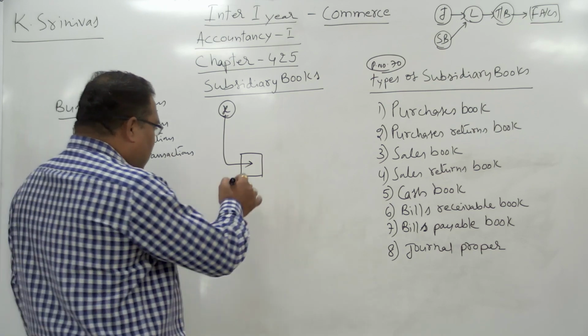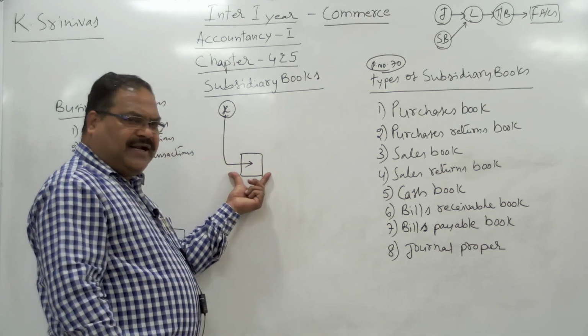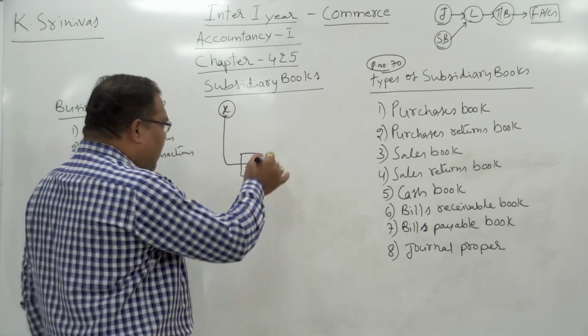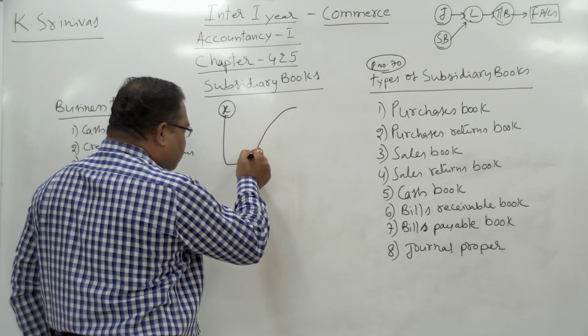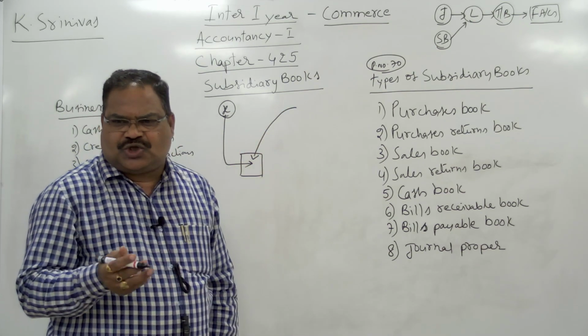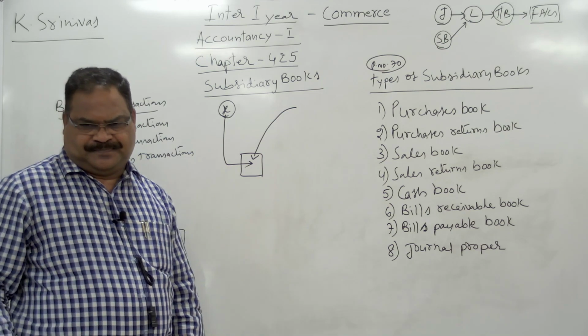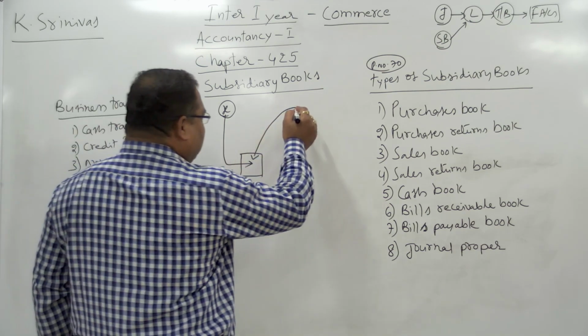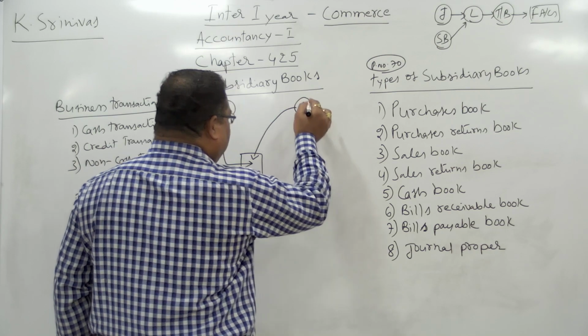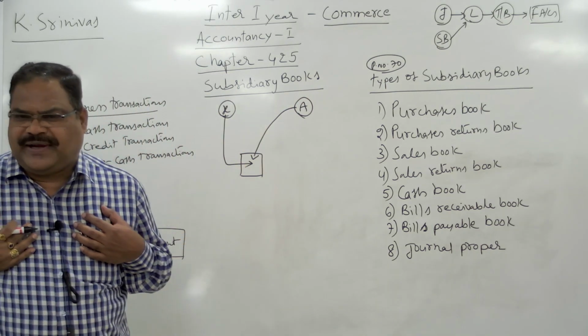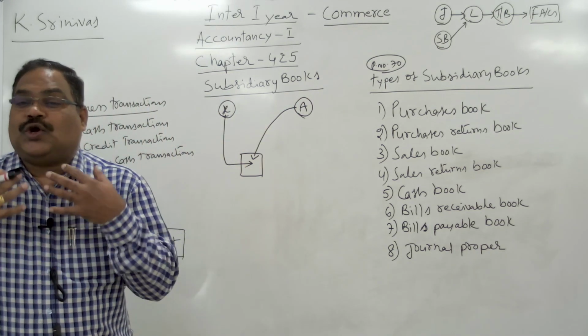So here, after taking cash from the proprietor, we are going to buy goods from so many suppliers. For example, assume that we have purchased goods from Mr. A, because we are dealing with goods.